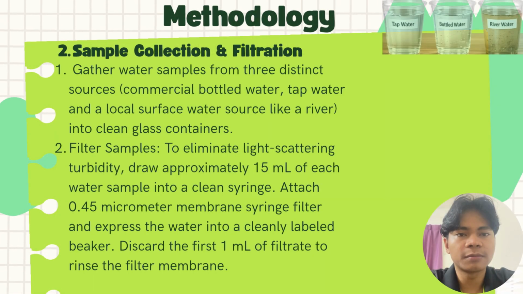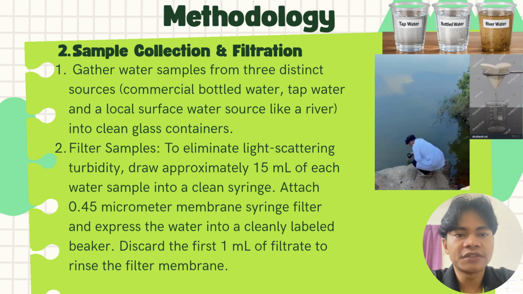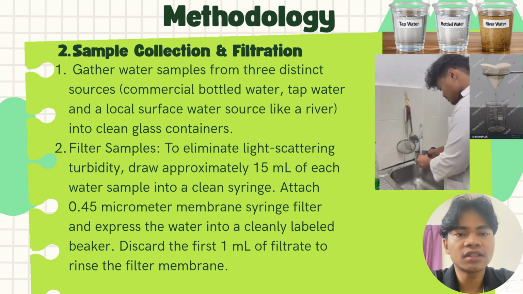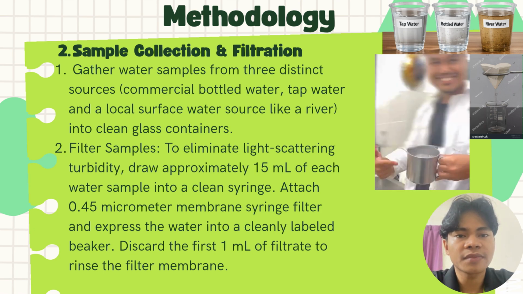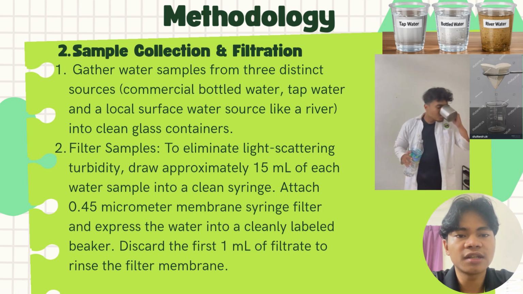Next, I will talk about water collection and filtration. Water samples were collected from 3 different sources: commercial water, tap water, and river water or pond water. Each sample was stored in a clean glass container and clearly labeled.